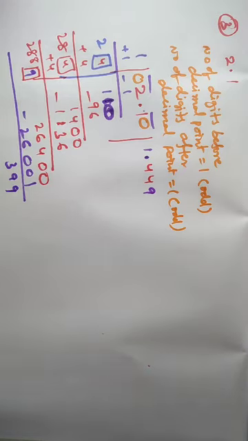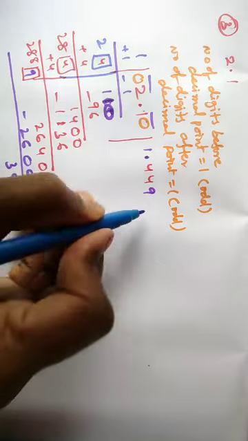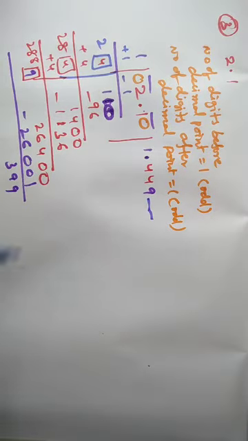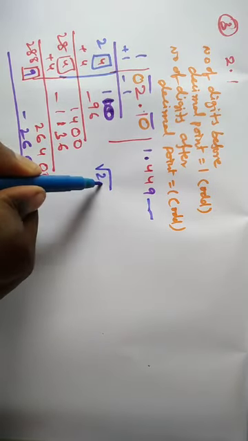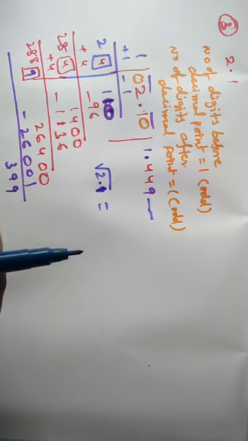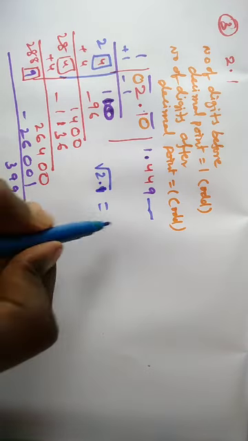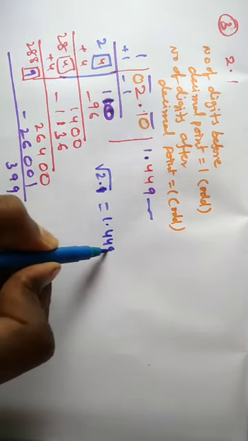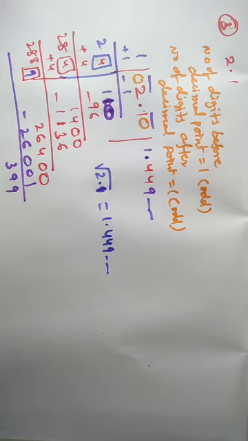Like this we have to continue the process, and so on. Then the square root of 2.1 is approximately 1.449 and so on.